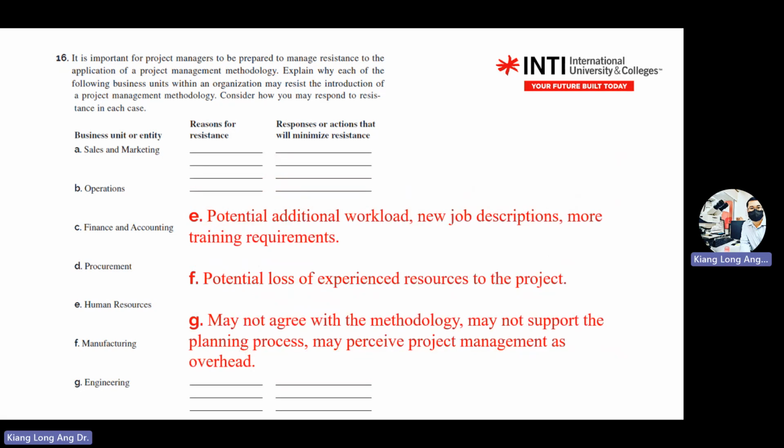Human resources, the fear is that there is a potential workload. Okay. Because if you deal with new projects, sometimes when you deal with the operator, they are focused on OT claims.